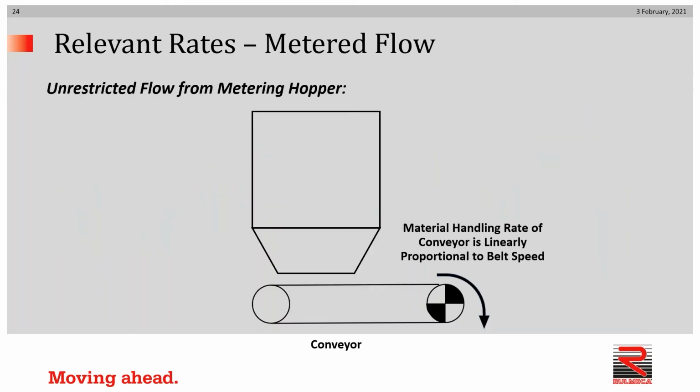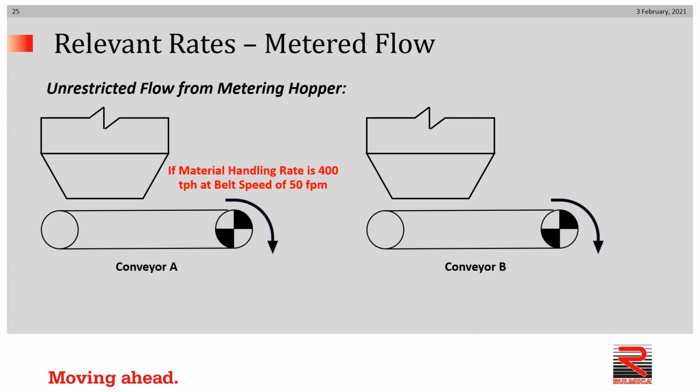Now let's take a look at our two metered flow applications. In this case, we have unrestricted flow from a hopper, and I point out that the material handling rate of this conveyor is linearly proportional to the belt speed.